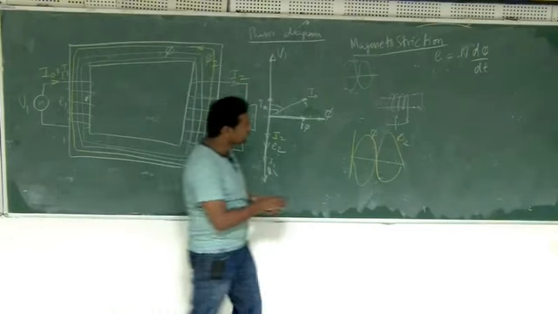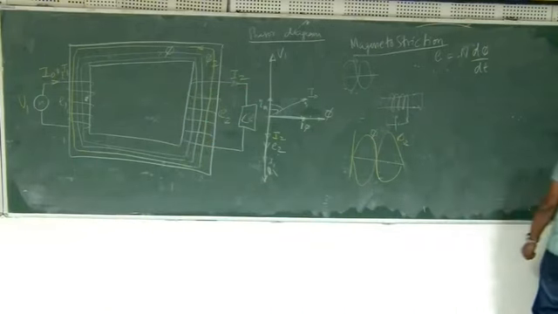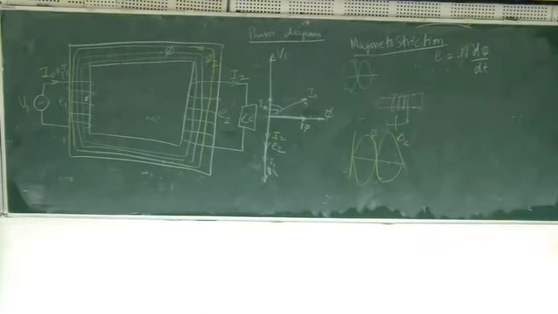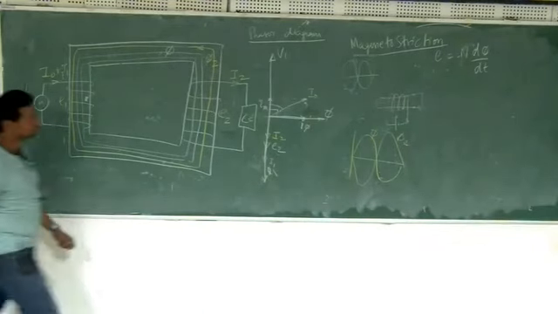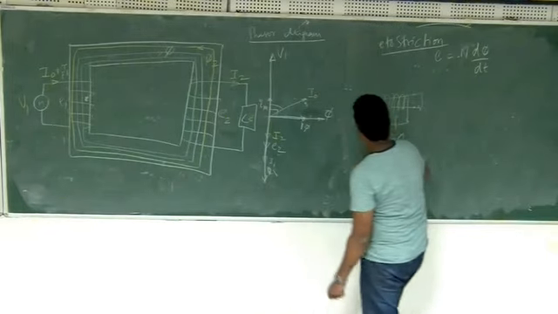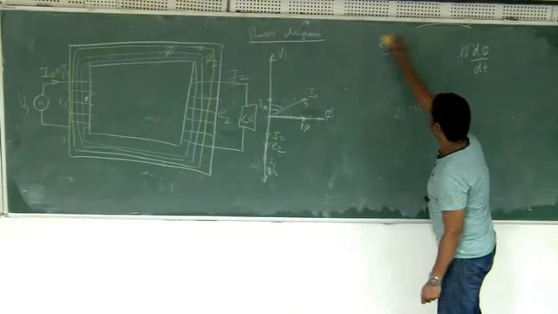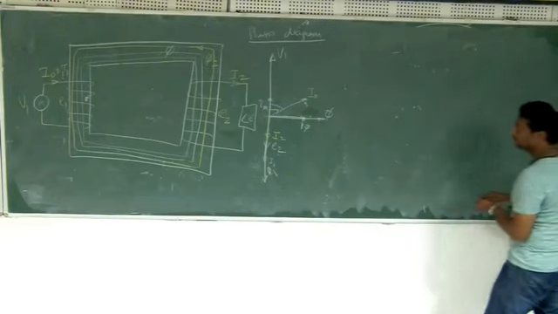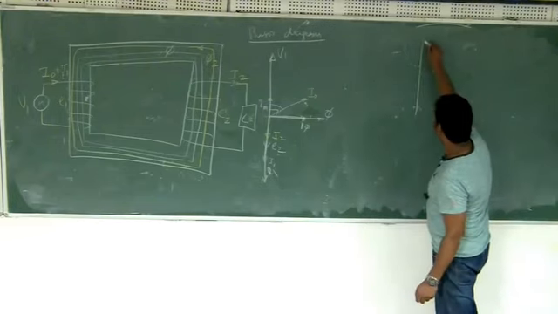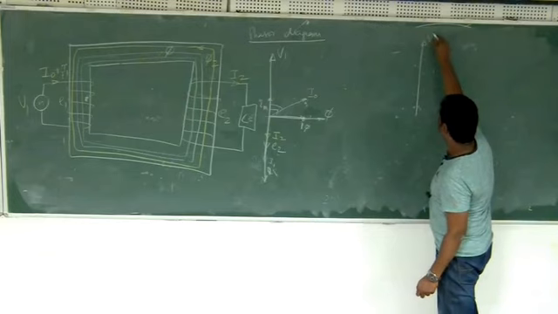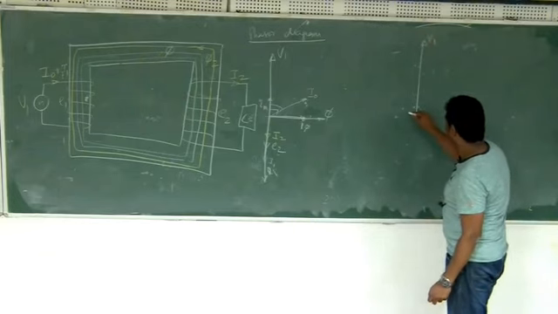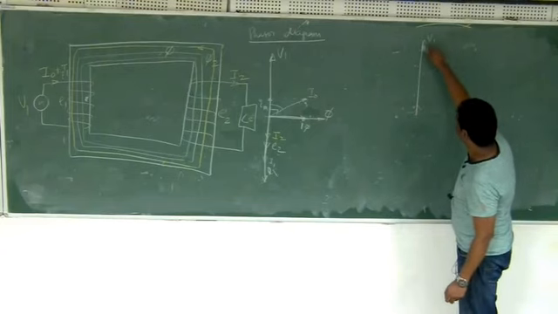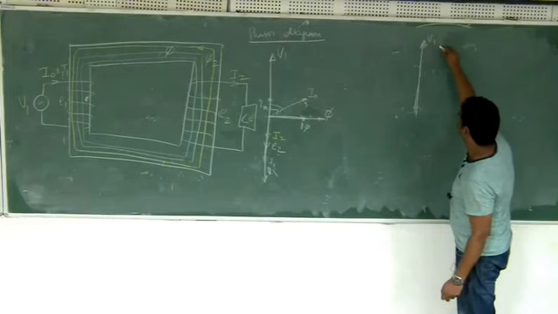Okay, so in that case what happens is, you will be getting, let me, this is V1. Now I'll take the same, this itself is E1.